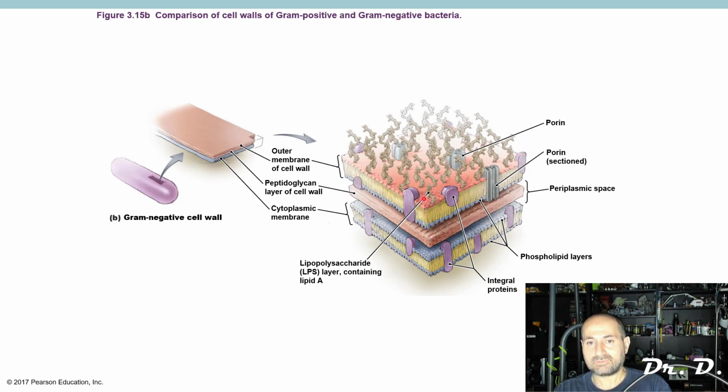And remember, the outer part of the outer membrane, this peach color, is called LPS. And LPS has a dangerous component called lipid A. Lipid A is the lipid portion of LPS, and lipid A is also known as endotoxin. It is very scary stuff. In your system, it can cause toxic shock syndrome.